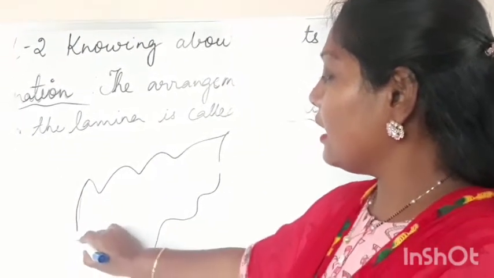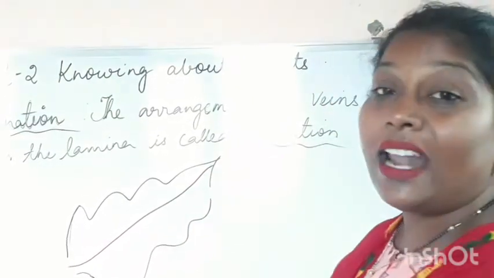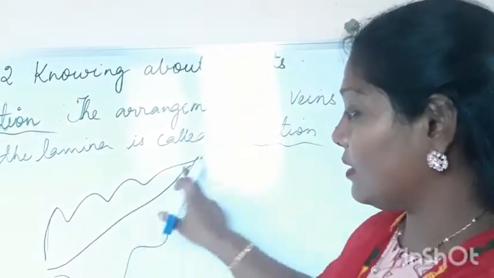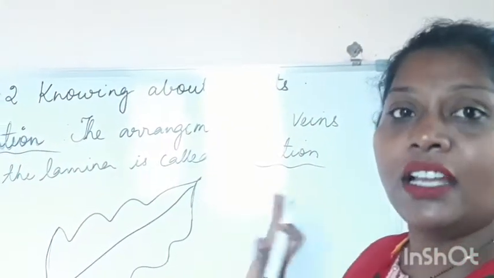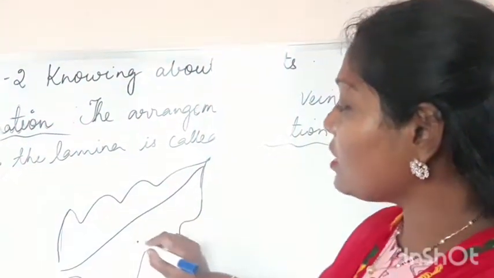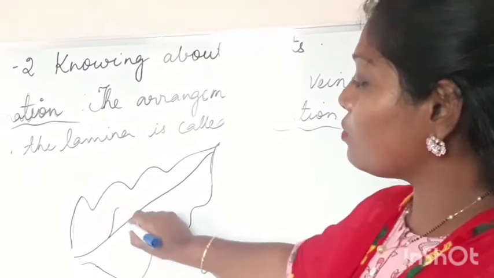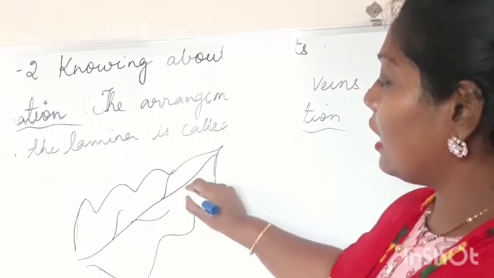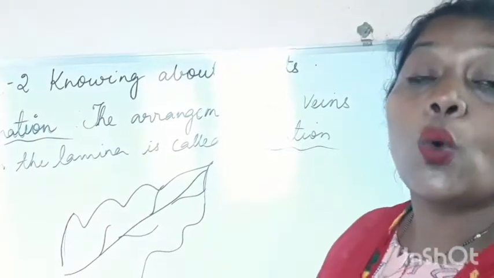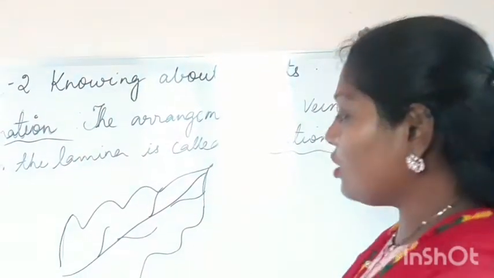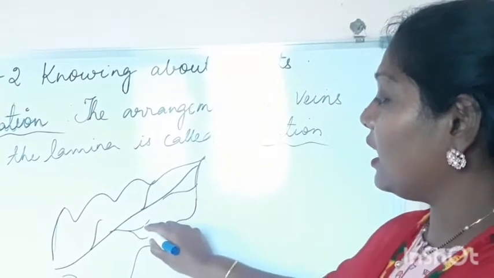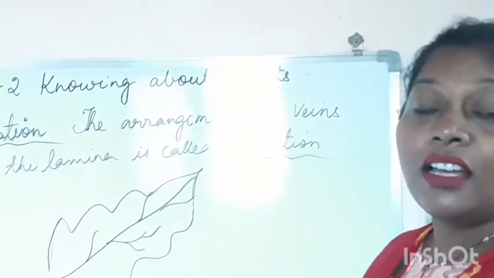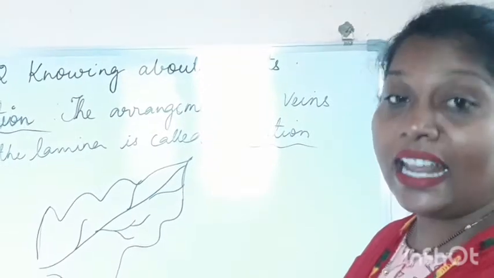As I said, there is a main thing called the midrib in the middle of a leaf. From this midrib, we get small thread-like structures called veins. From these veins, if we get threads like this, these are called veinlets.